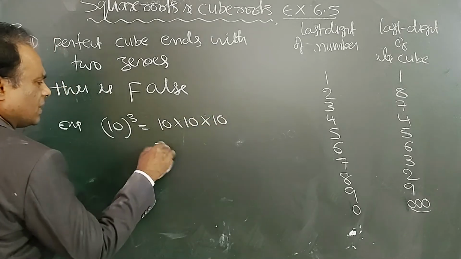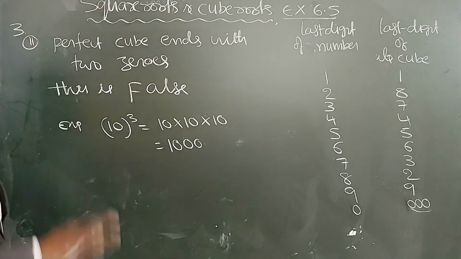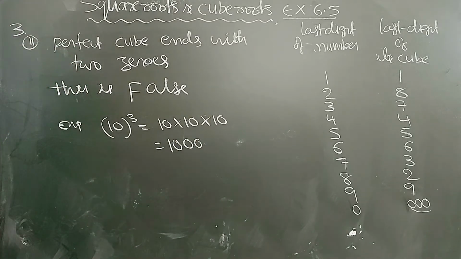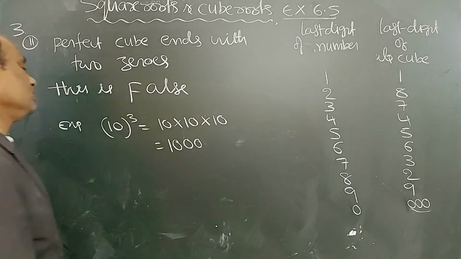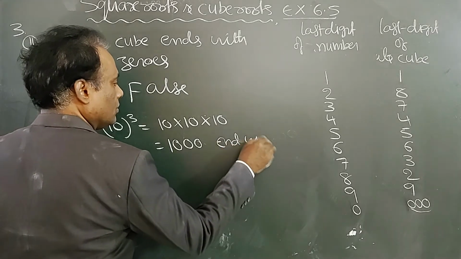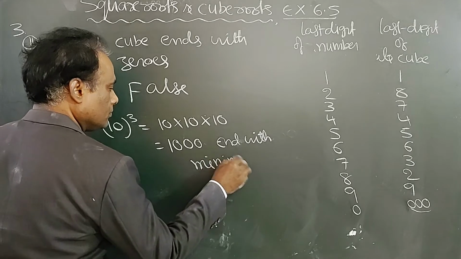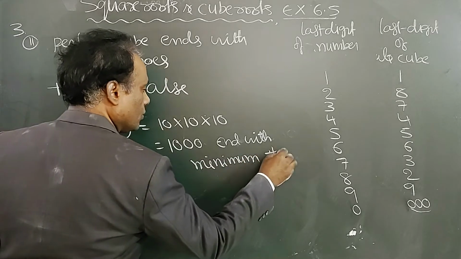Example is no need, but I am giving. It may end with 3 zeros, but 2 zeros is impossible. It will not end with 2 zeros. End with minimum 3 zeros, not 2.